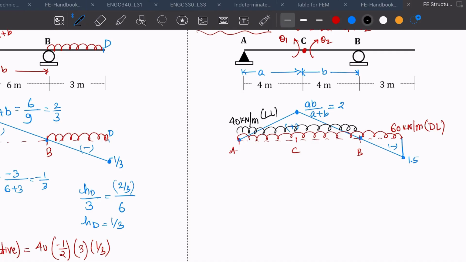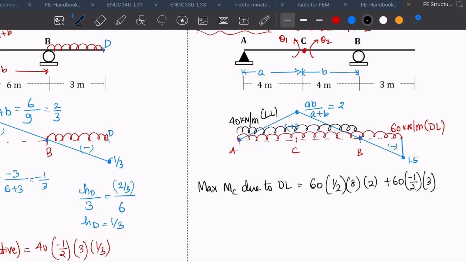So we already know how to find the maximum, so we're going to say maximum moment at C due to dead load will be equal to 60 into half base into height plus 60 into, remember that this section has a negative area, so it will be negative, into 3 into 1.5. And if you do the calculation, you will get 345 kilonewton meter, because we maintain the unit kilonewton and meter.